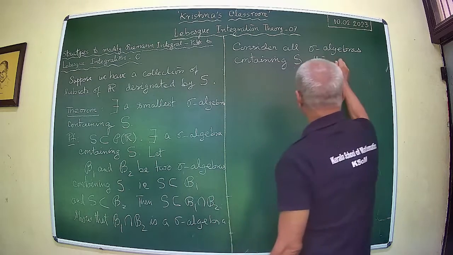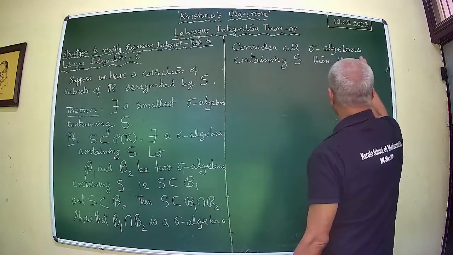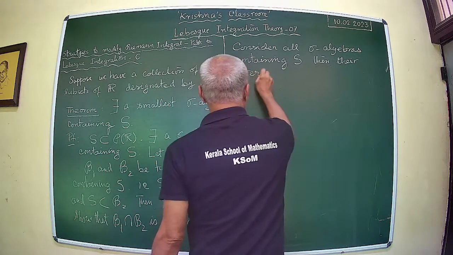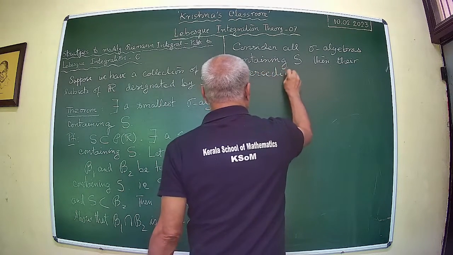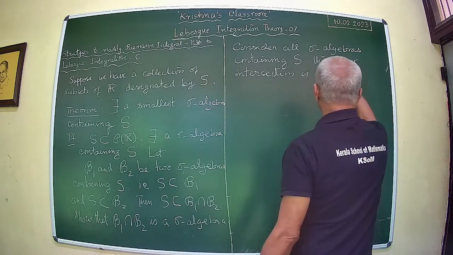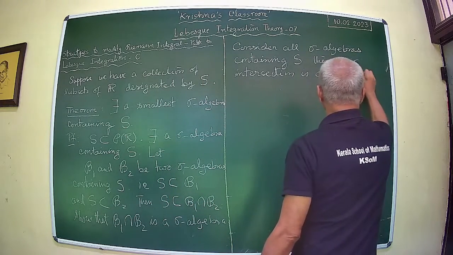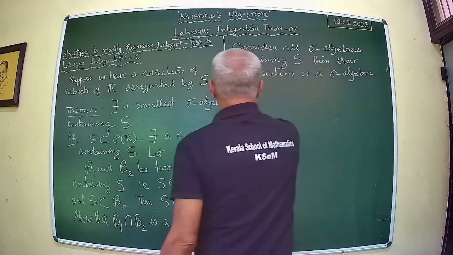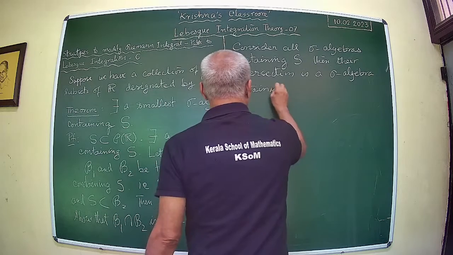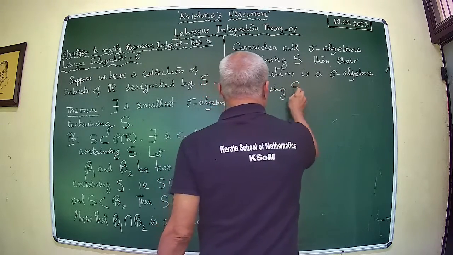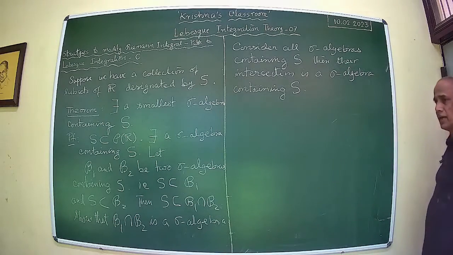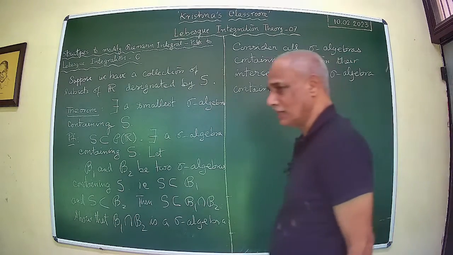Then their intersection is a sigma algebra, meaning, see, in the worst scenario you have the power set as a sigma algebra, so it is a non-empty collection.